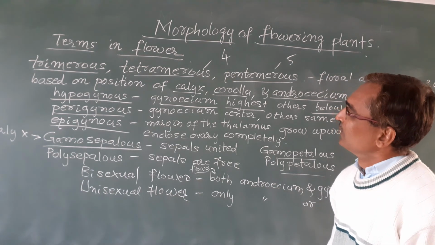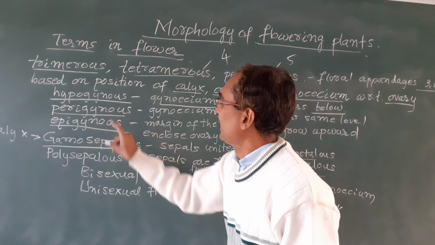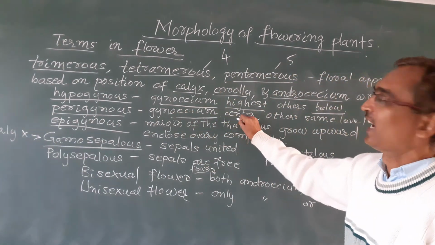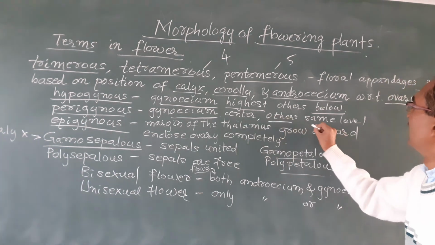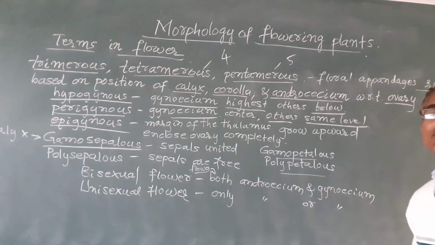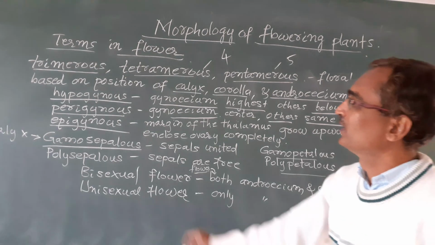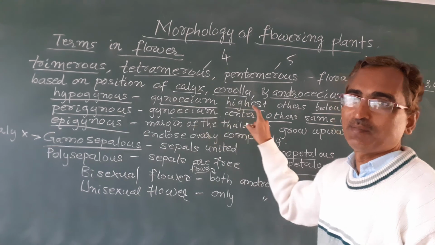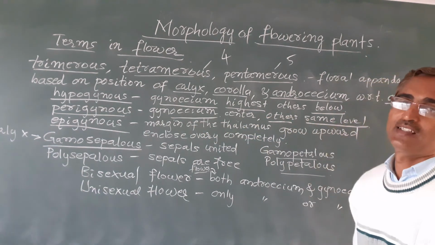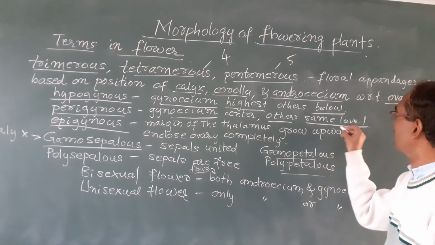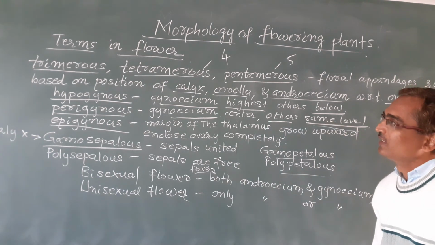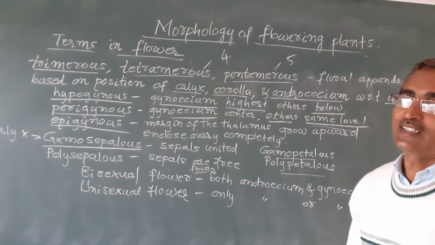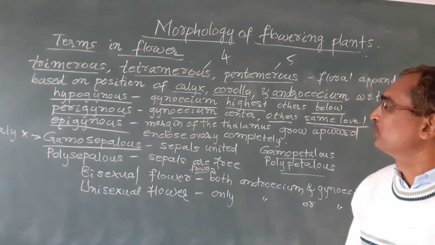In perigynous flowers, the gynoecium is in the center and other parts are at the same level, that is, the gynoecium, androecium, calyx and corolla are on the same level.